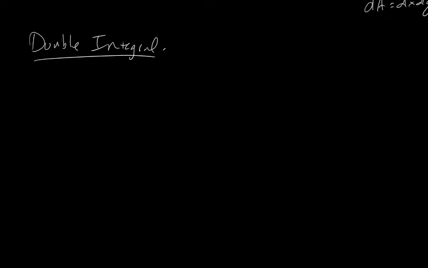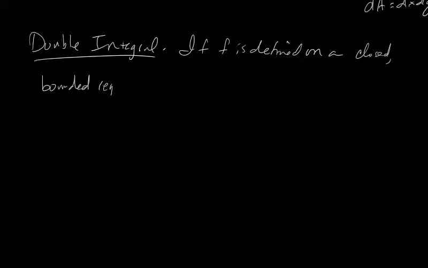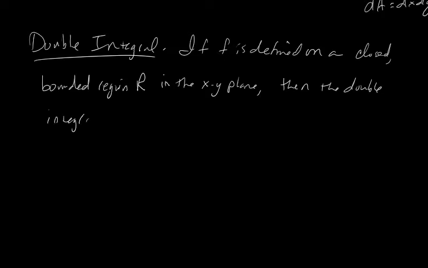So our double integral: if f is defined on a closed bounded region R in the xy plane, then the double integral of f over R, that's how we read it, is the double integral of f of x, y over R dA.